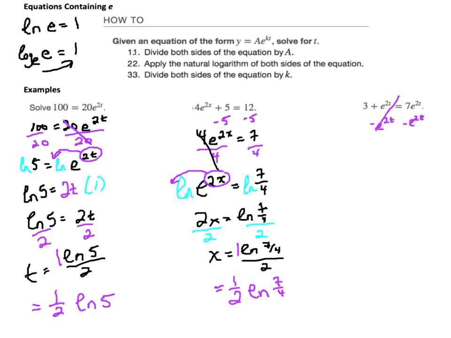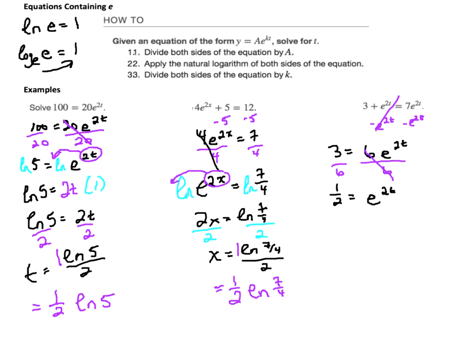Since my right-hand side is 7e to the 2t, those are like terms, so I can combine those. So this is 3 equals 6e to the 2t. Now I still need to isolate by dividing both sides by 6. So I get 1/2 equals e to the 2t.